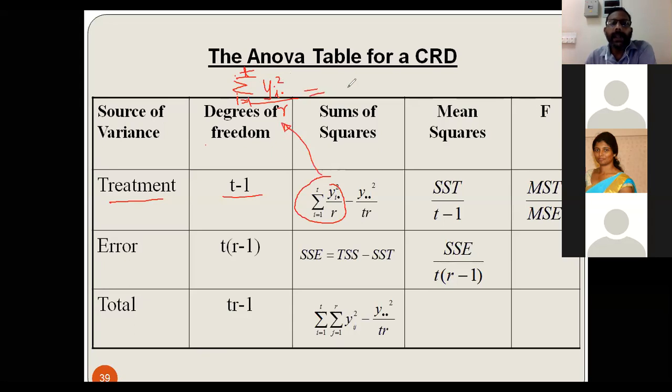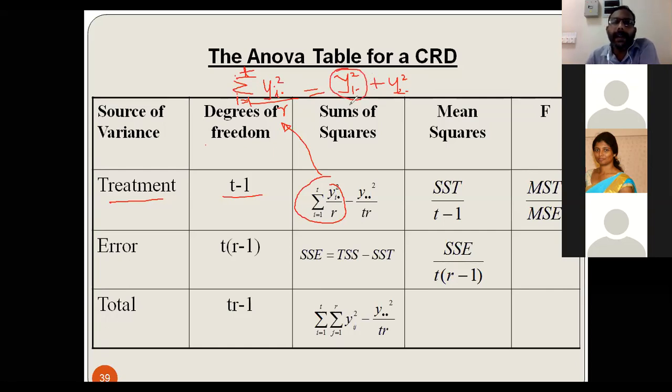So that is equal to Y1 dot square plus y2 dot square.